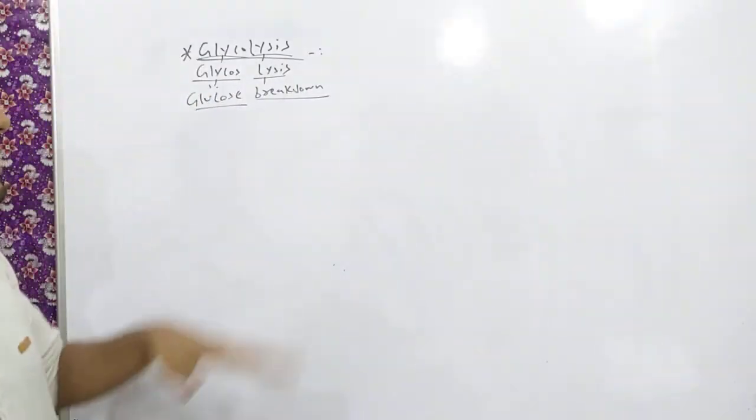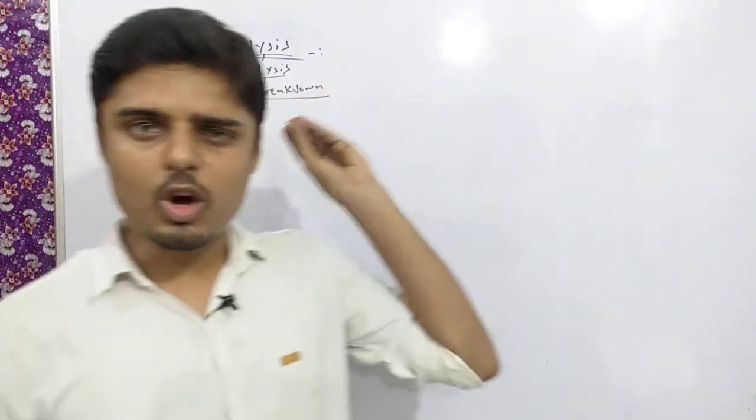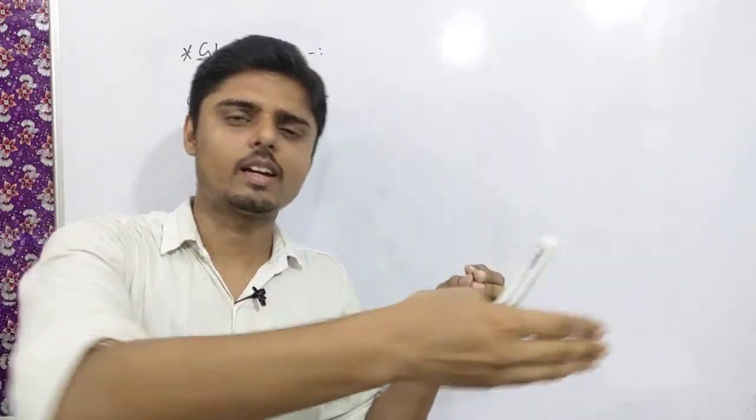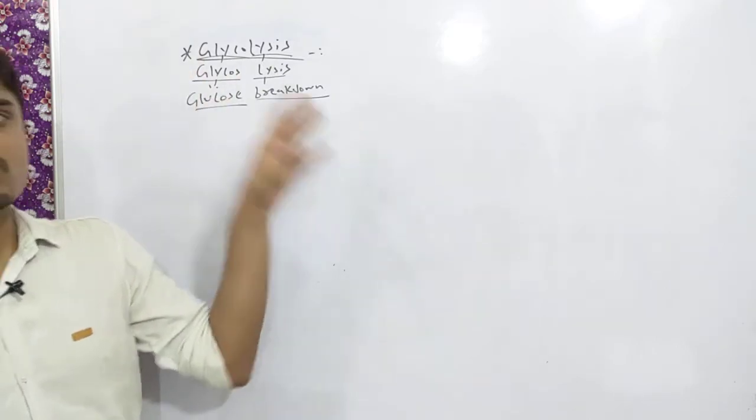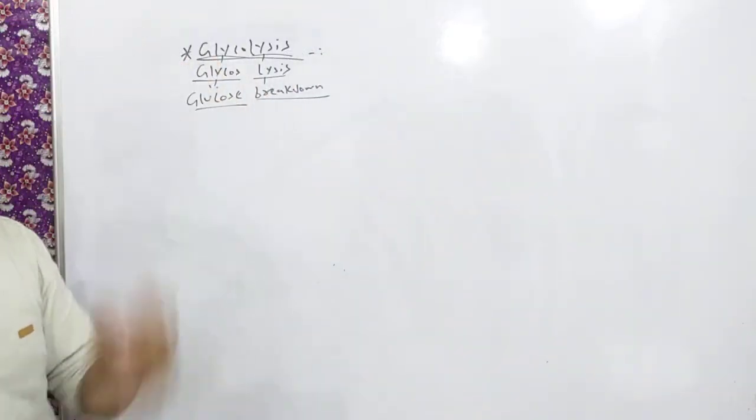Anaerobic respiration may be lactate fermentation or alcohol fermentation. But in this video, we are going to discuss glycolysis. Glycolysis is a common step, whether it is lactate fermentation, alcoholic fermentation, or aerobic respiration. Glycolysis must occur before these processes. So let's talk about glycolysis.